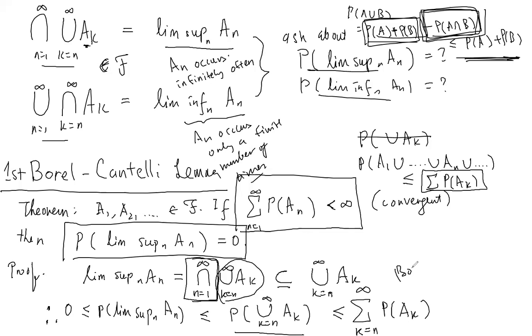This is called Bonferroni's inequality. This is a very basic inequality that appears when you try to bound the probability of a union of some events. Please remember this, and it's actually very easy to understand. The result is proven by induction, but you can easily understand it from the case of just two events.